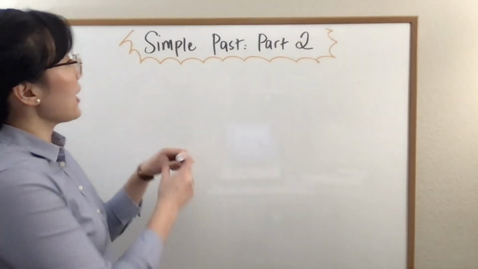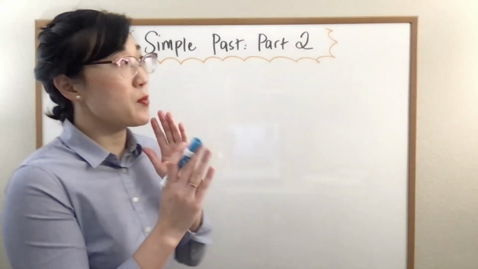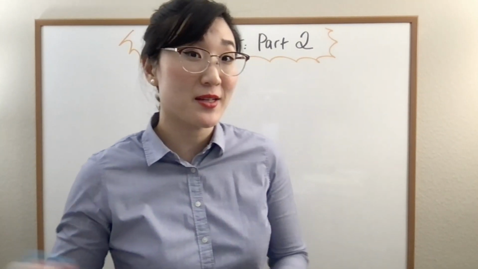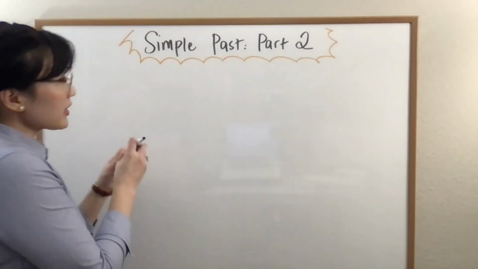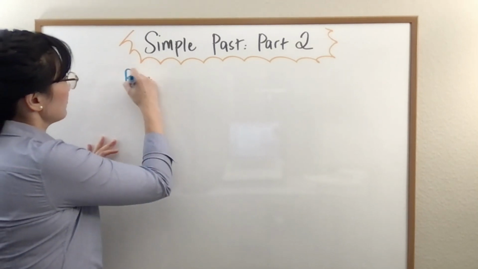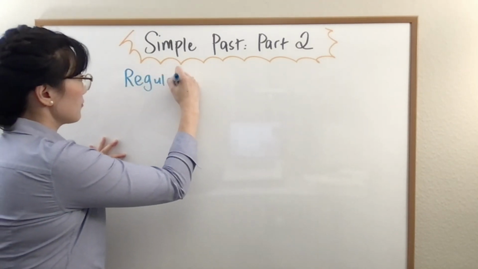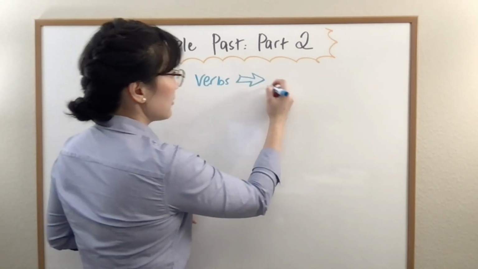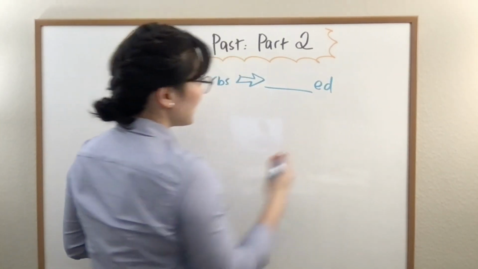So simple past tense. Okay, so simple past tense is for completed, finished actions in the past. Now, with regular verbs, you have the verb and the ed ending.